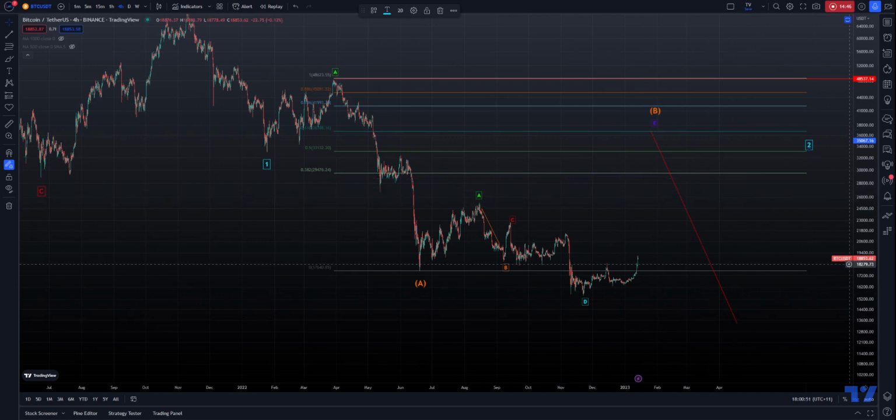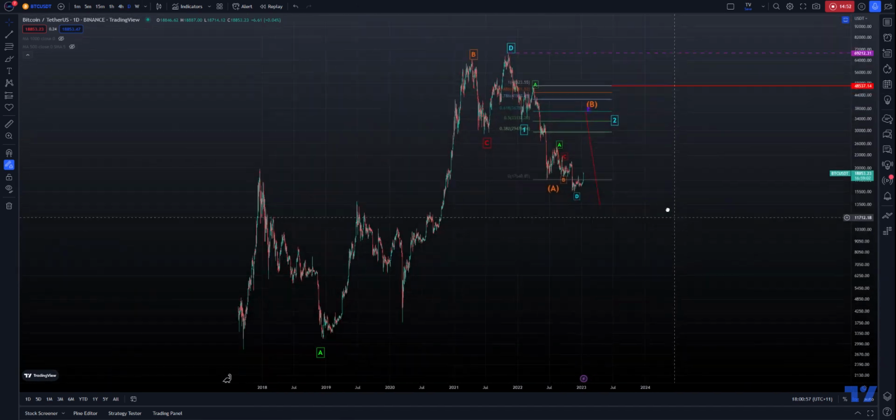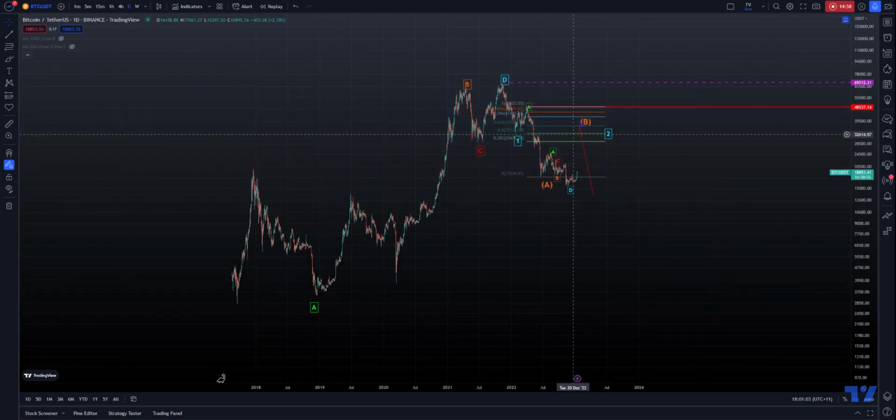So we could consolidate in a range for a while before we see the inevitable move lower in wave 3, which is probably not going to be so good. It's probably not going to be happy days, unfortunately. I don't want it to be this way. I really don't. Please believe me.